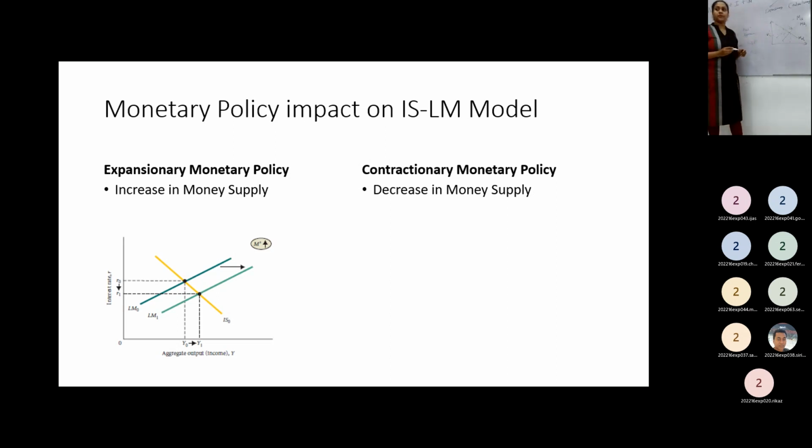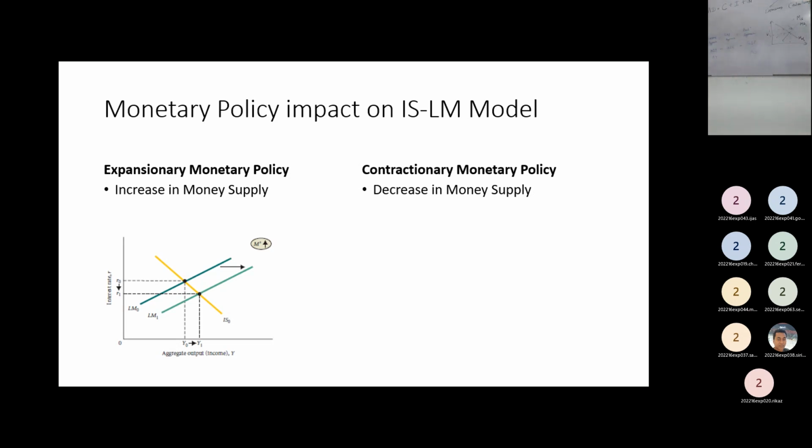So the interest rate reduces while the money supply increases. Therefore, the LM curve should shift rightwards, since the money supply curve shifts rightwards, so that the interest rate reduces.